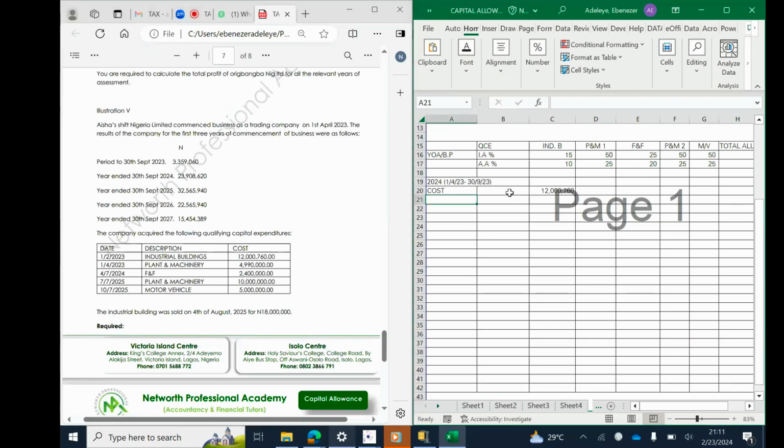So for this, our initial allowance will be what? We have another item for that particular year now. This plant and machinery, what is it? 4,990,000, right?